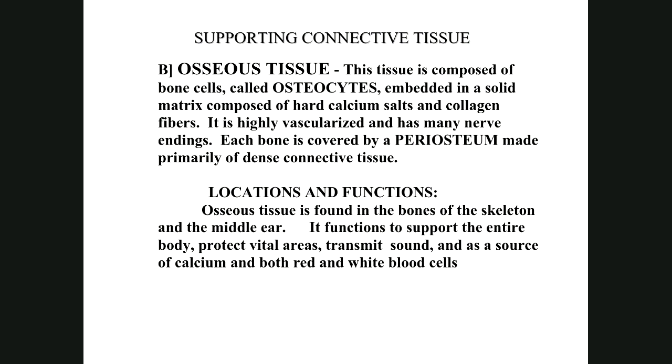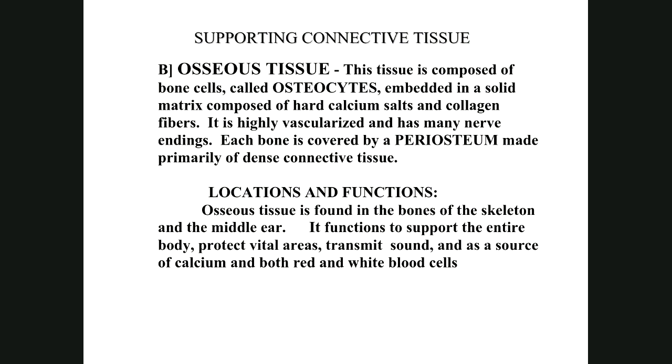And so you have a connective tissue here because the cells are not connected, but the matrix between them, besides having some collagen and elastin fibers in it, is filled with these calcium salts that are very, very, very hard. And that gives your bone, of course, the ability to give you a skeleton and give you support so you can walk and do all the things you do with your bones.